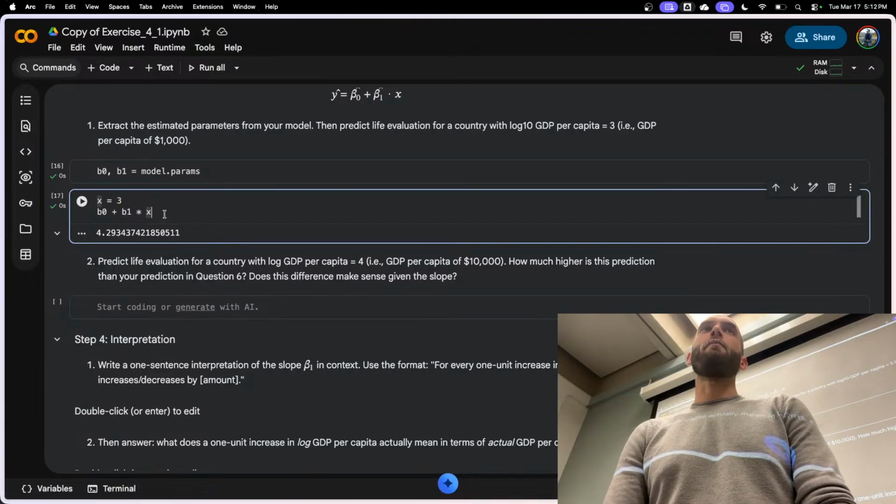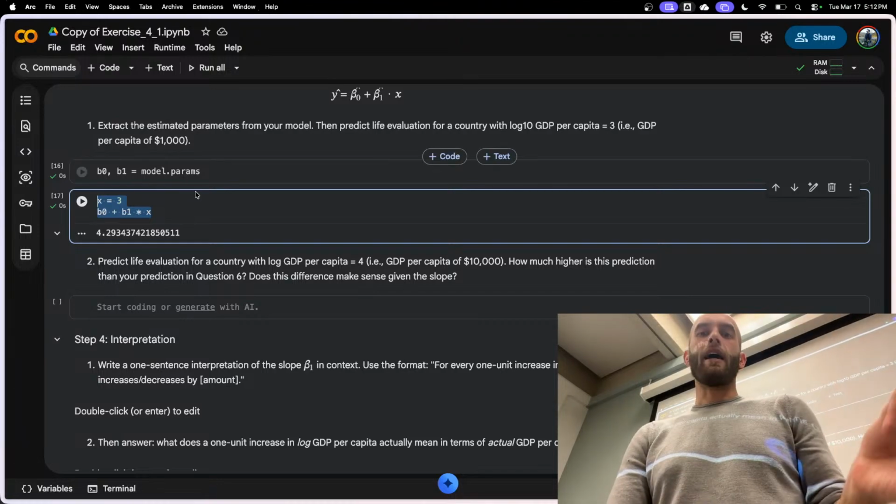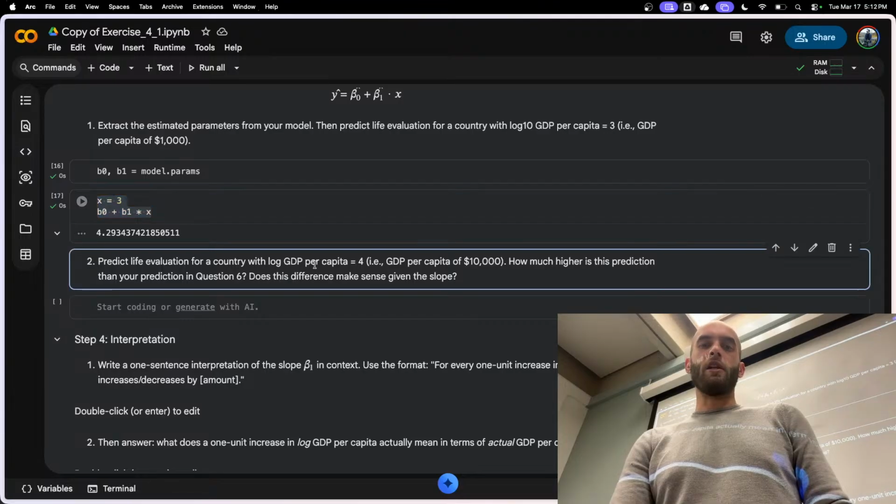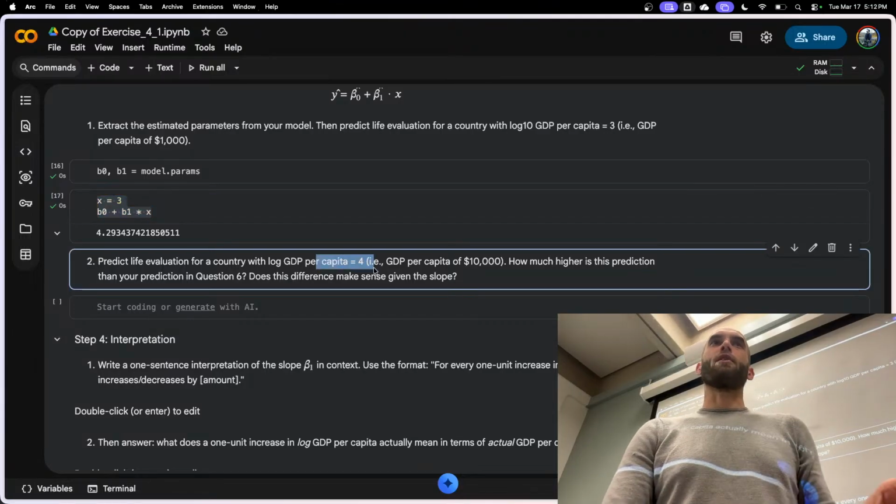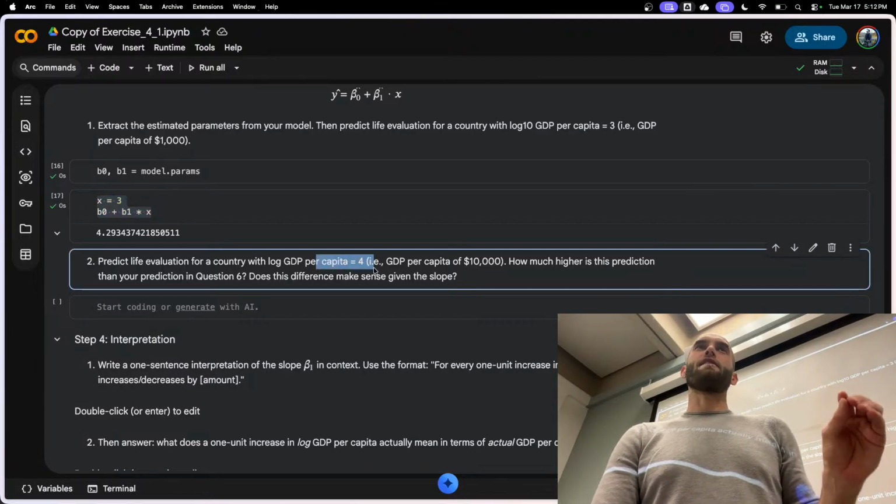I think we do have time. Let's take like 30 seconds here. I want you to construct the prediction at a GDP per capita of 4. Look at the clock. Let's keep it snappy.